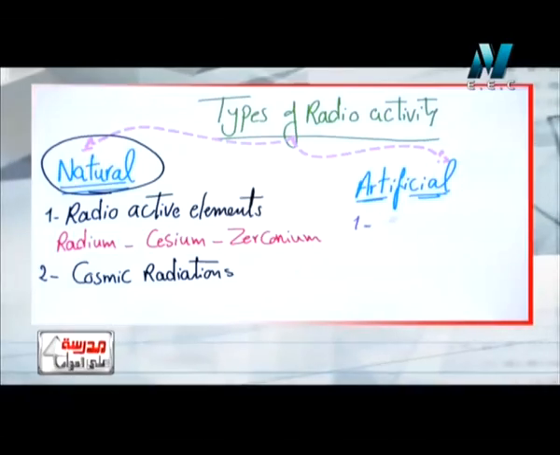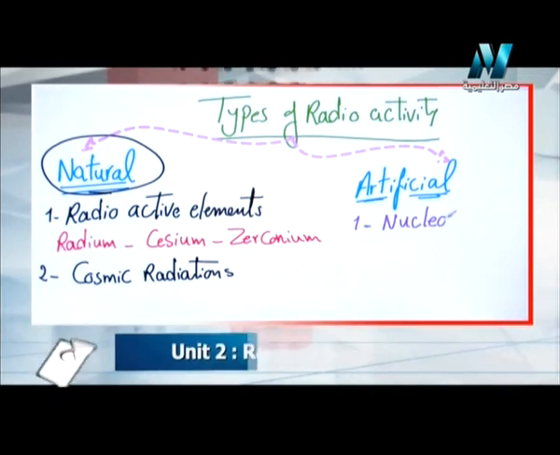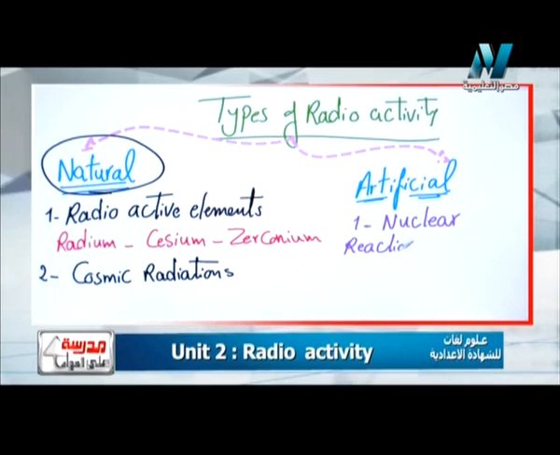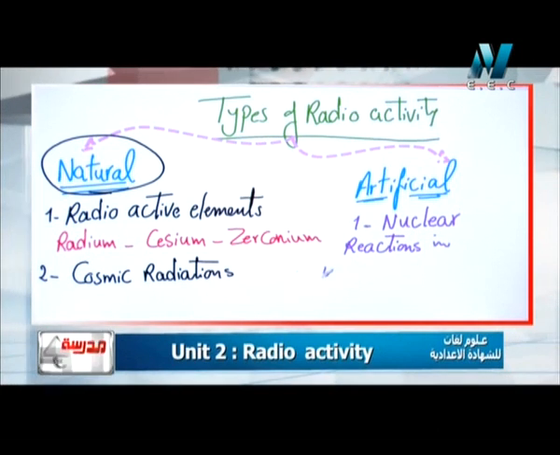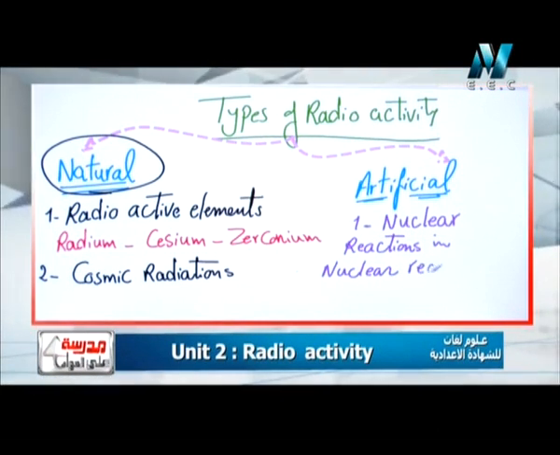And at the same time, we have artificial sources of radioactivity or radiation. As we see here, we have artificial sources. For example, number one, nuclear reactions in nuclear reactors.